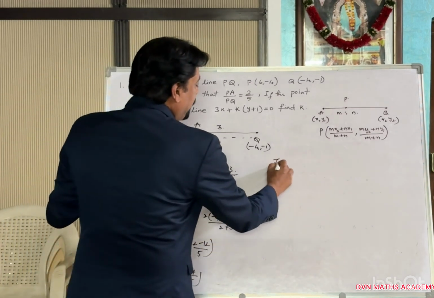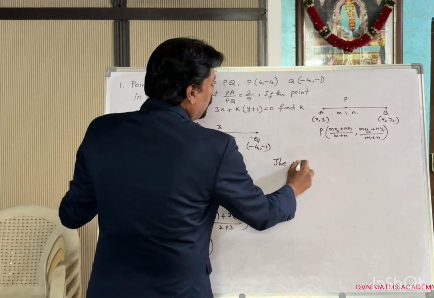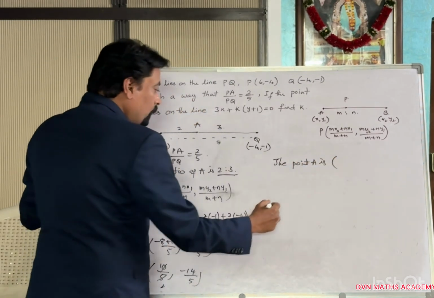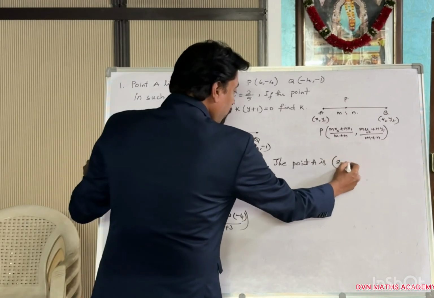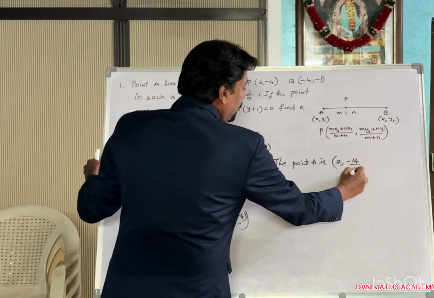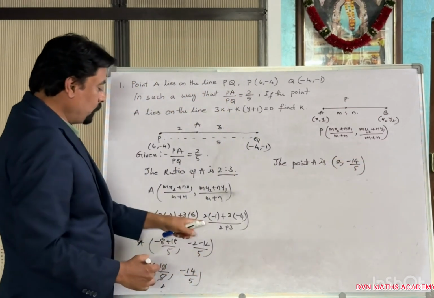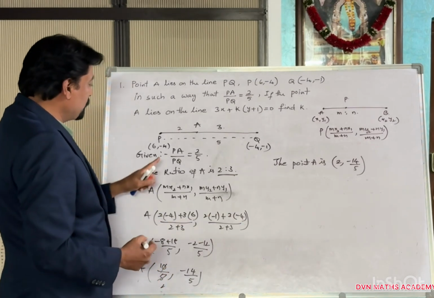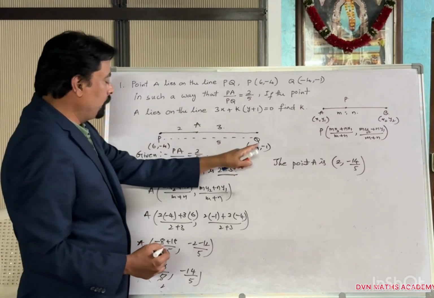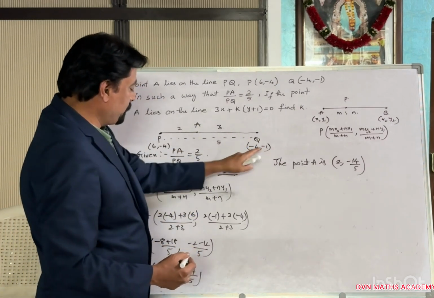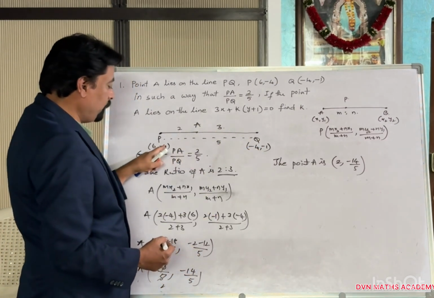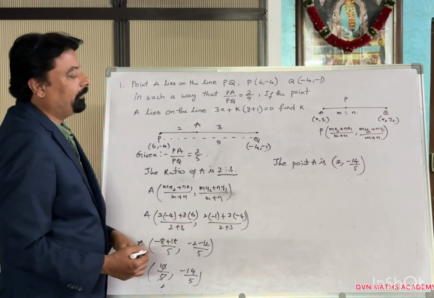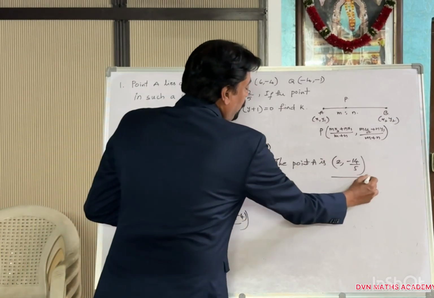So the point A is (2, -14/5). Once you check it: 2 into -1 is -2, 3 fours are -12, so -14 by 5. These are the coordinates of point A.